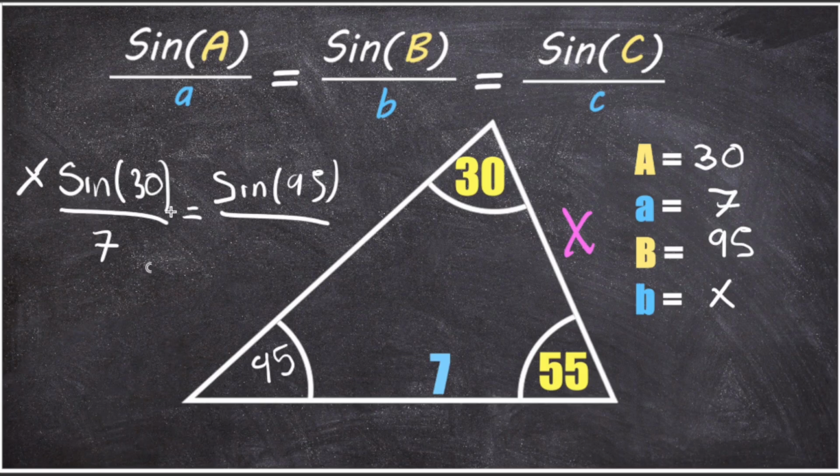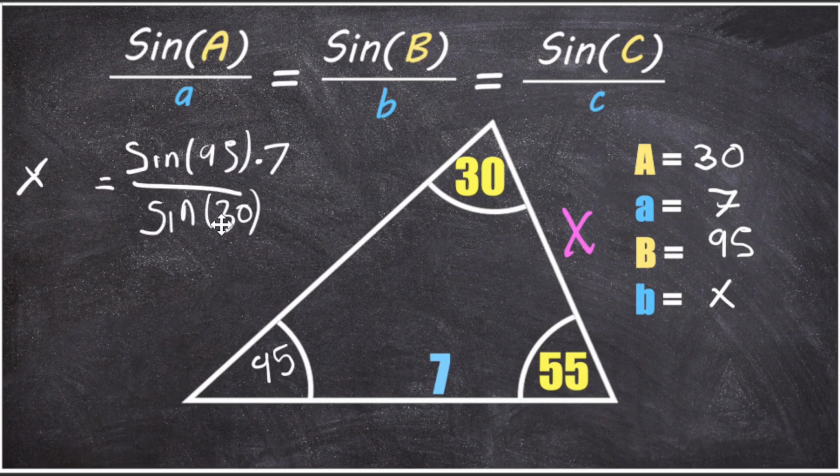And if we divide both sides by sine of 30 over 7, it gets cancelled on the left hand side, and we get the inverse of the fraction on the right hand side. So that's 7 over sine 30. And that leaves us that X equals 7 times sine of 95 over sine of 30.